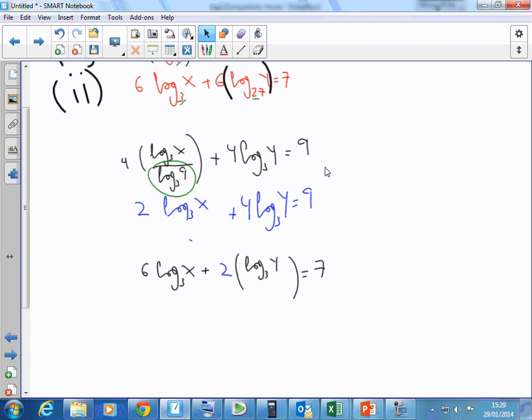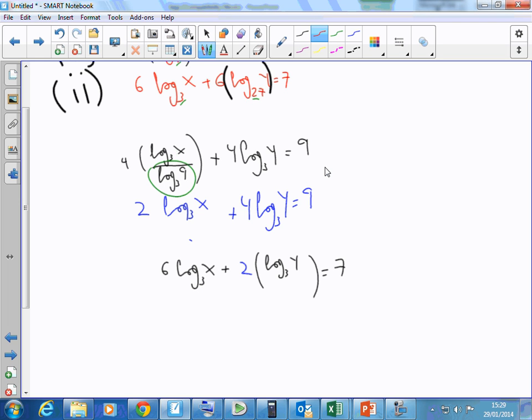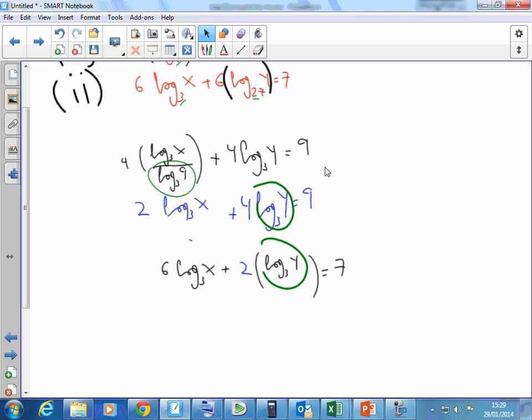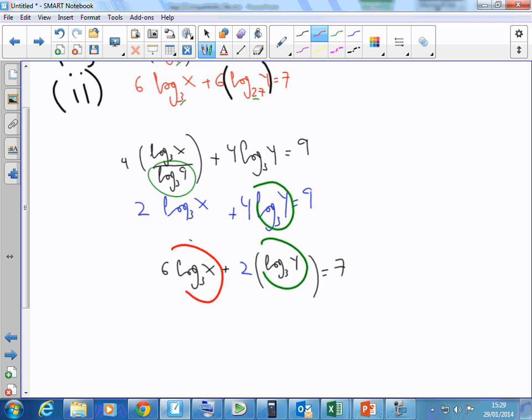What could we eliminate? Well, if I double the second equation, I'll make the coefficients of log the same. Can you see that's the same? So I'll circle that for you, that's the same. And the red parts are the same.